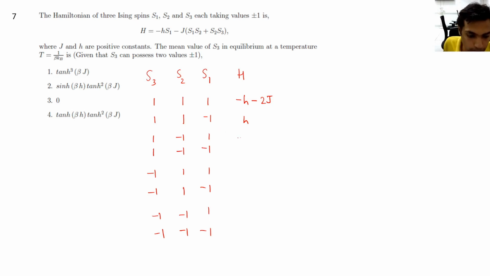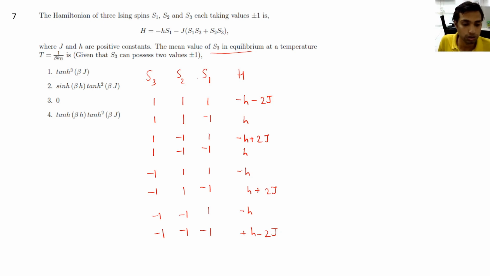So it is minus h plus 2J, then plus h, then again minus h, then plus h plus 2J, and this is minus h, and this is plus h minus 2J. Now we have to calculate the partition function. So here what we have to find? We have to find the mean value of S3 in equilibrium.